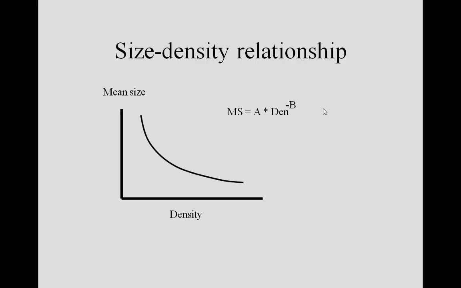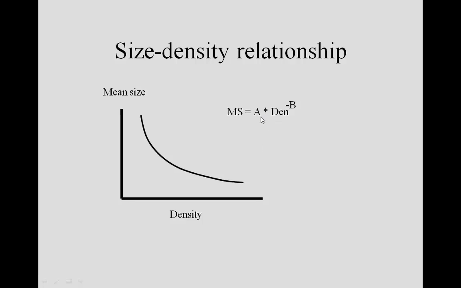Now, we're going to do just a little bit of pre-algebra here to set things up. Mean size here is a function of density, obviously, and in this equation, this negative exponential, the exponent b really is the slope of this line. So it's a shape function. The larger the absolute value of this coefficient is, the steeper. If this was a -1, that'd be a straight line.